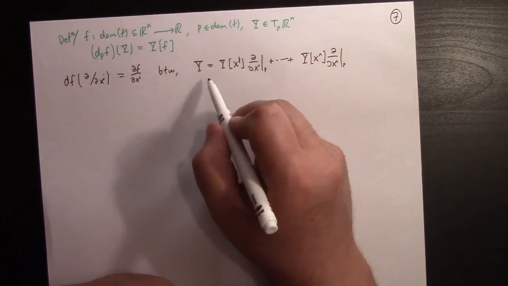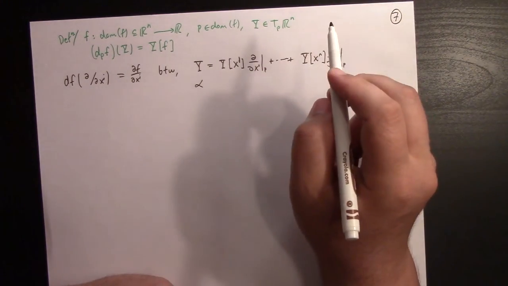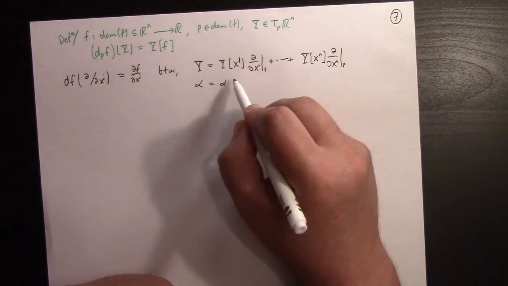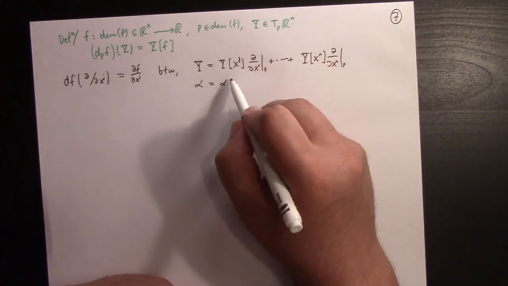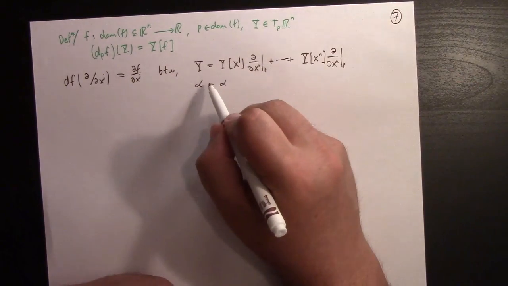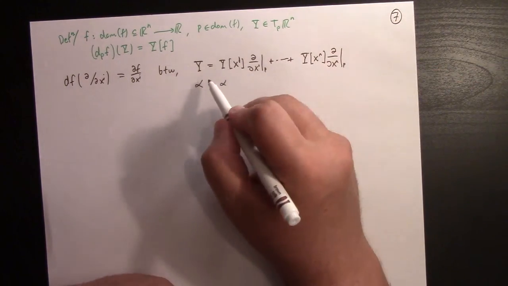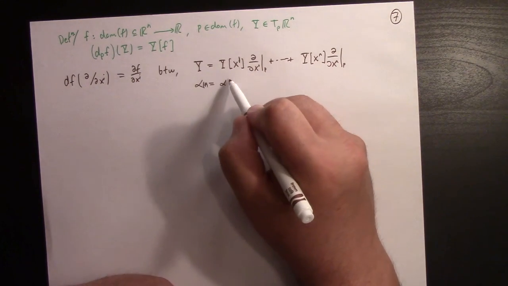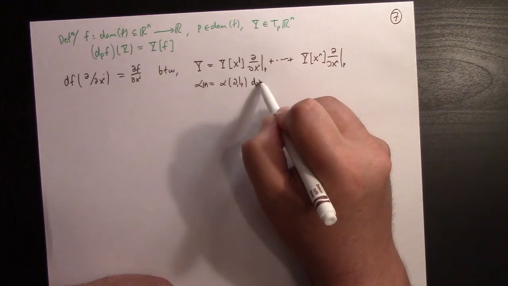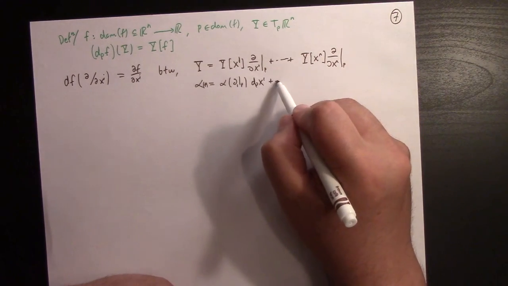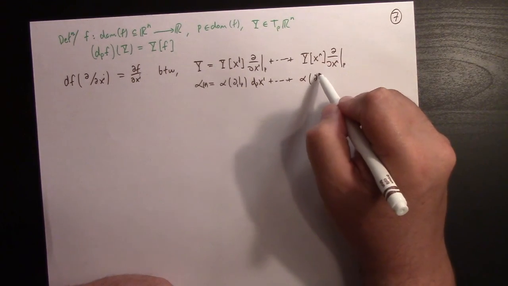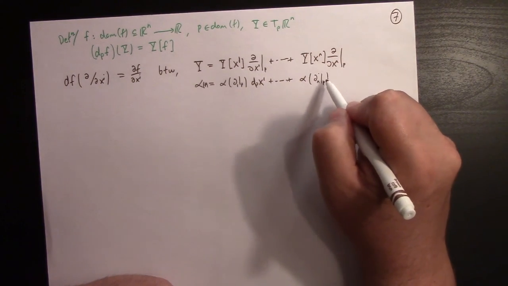On the other hand, for the one form alpha, you can write the components of it at the point P as alpha of partial 1 at P, up to alpha of partial n at P. So you feed it the nth partial.